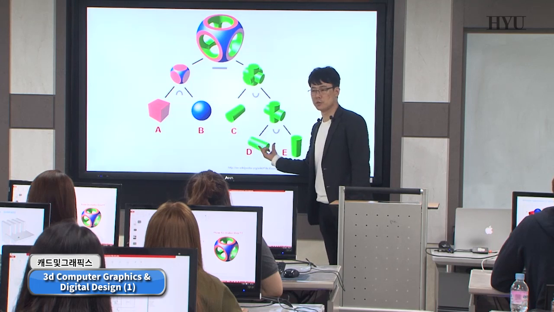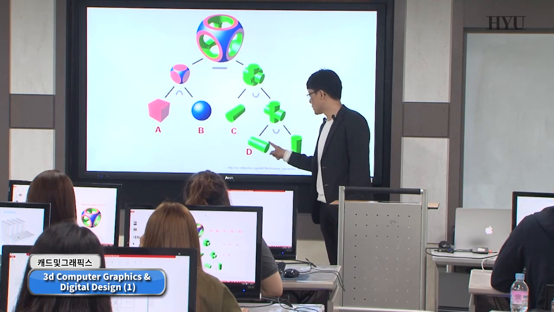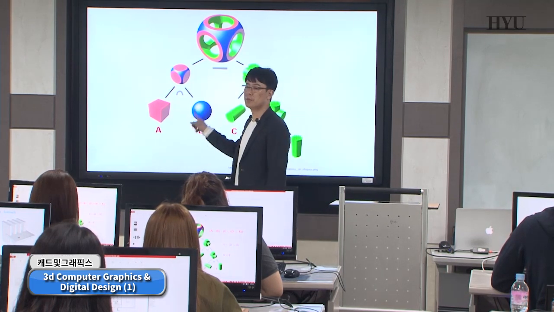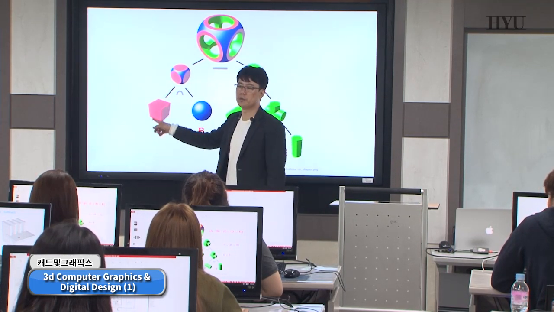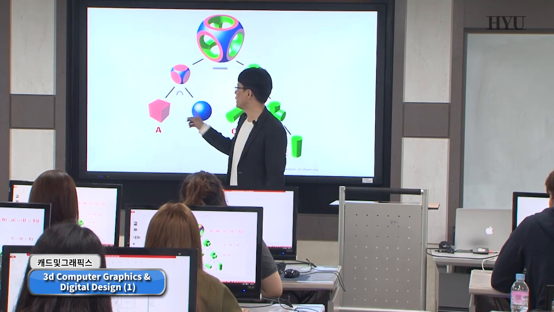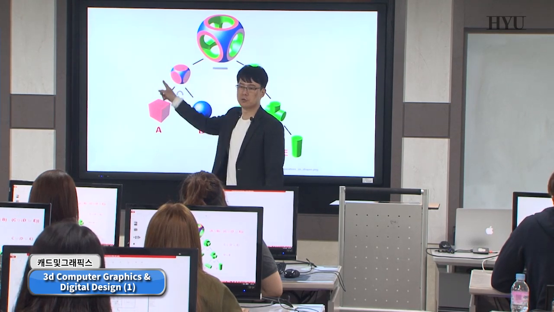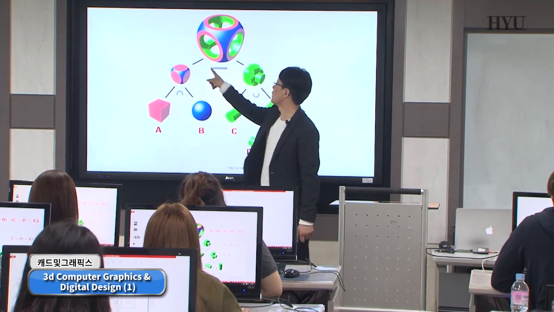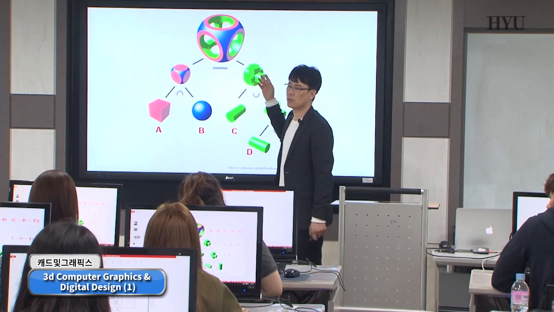But take a look. This is extrusion: circle shape and extrude. How about this one? Primitive. How about this one? Also primitive. A intersection B will return this one. Union, union, and this one minus another one.